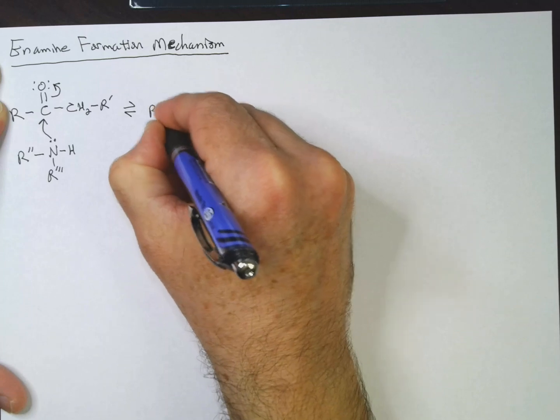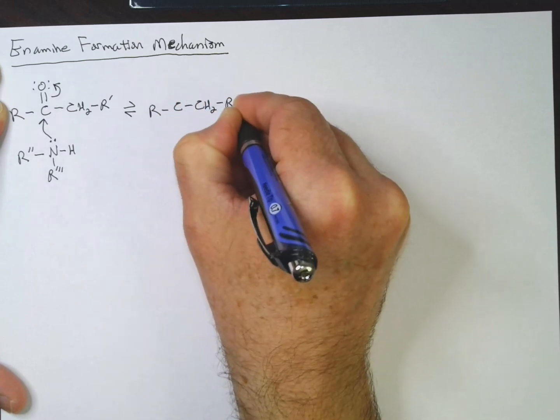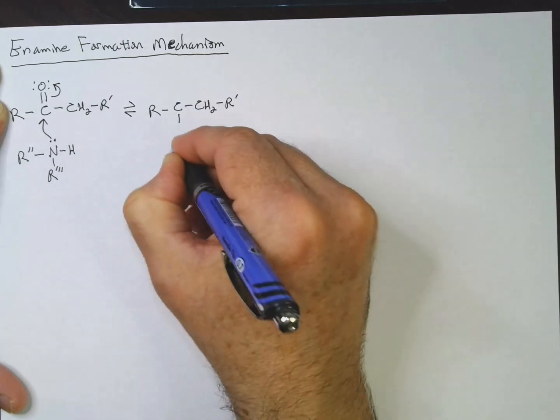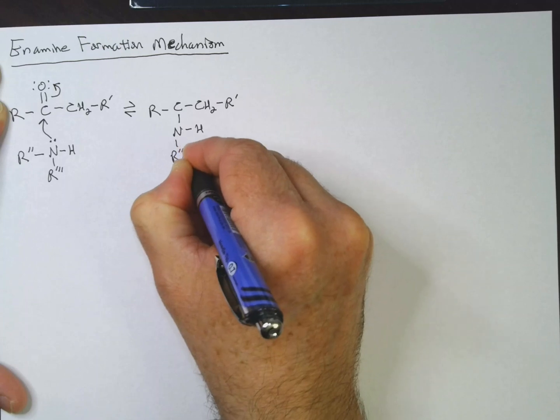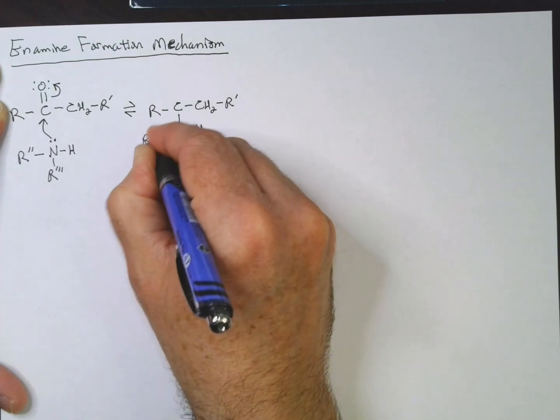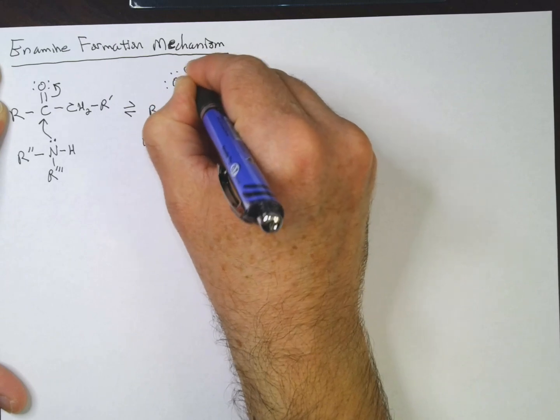And that now gives us R, C, CH2, R prime, N, H, R triple prime, R double prime, O minus.